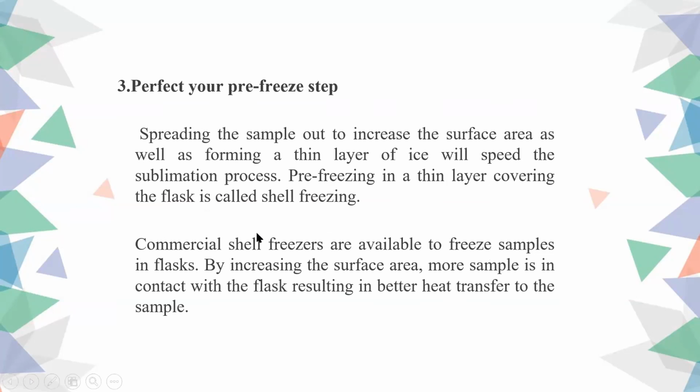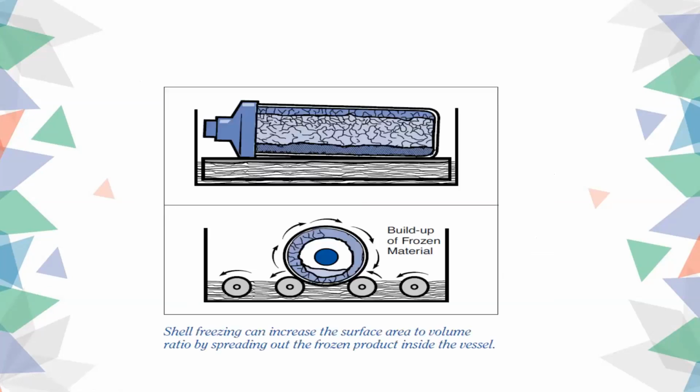By increasing the surface area, more sample is in contact with the flask, resulting in better heat transfer to the sample. As you can see in this figure, this is one of the shell freezers, with which a thin layer of the sample around the wall of the flask can be obtained. This thin layer increases the surface area of the sample so that it speeds the sublimation process.